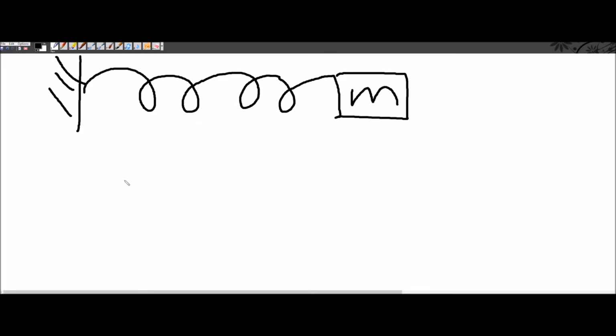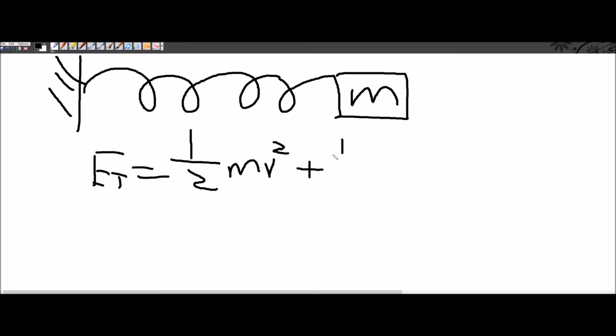So the last essential formula you will need for a spring is the total energy of the system. So we know the total energy is just going to be equal to the kinetic energy from the speed the mass is moving at, so first 1/2 mv squared, plus the elastic potential energy of the spring, so just plus 1/2 kx squared.